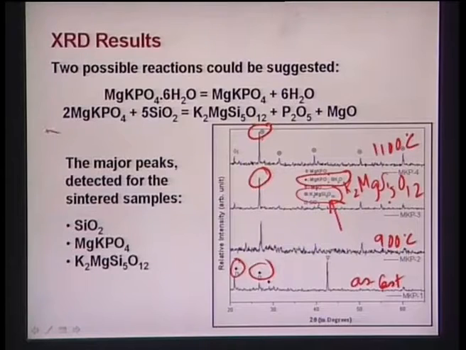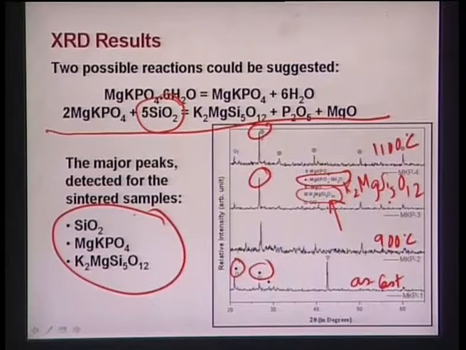Now, this is the reaction we have proposed, which tells you why the K2MgSi5O12 phase is formed, and that reaction also involves the SiO2 phase. The major peaks detected for these samples are SiO2, which comes from the precursor powder mix, MgKPO4, because H2O has been released due to the heat treatment at a high temperature, and then K2MgSi5O12, which comes from the reaction between SiO2 and MgKPO4.